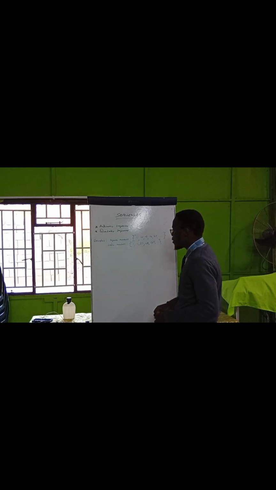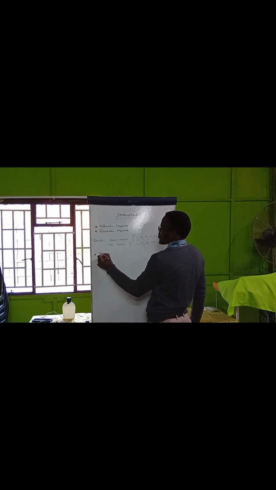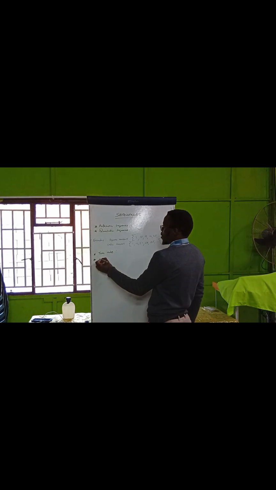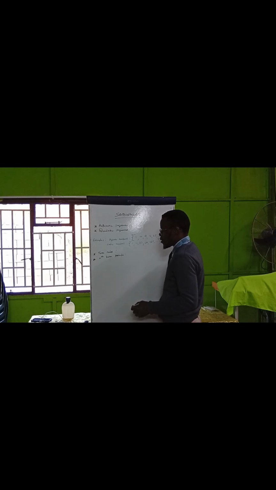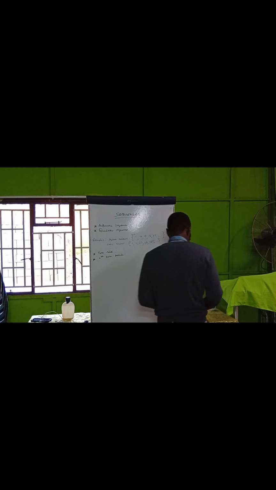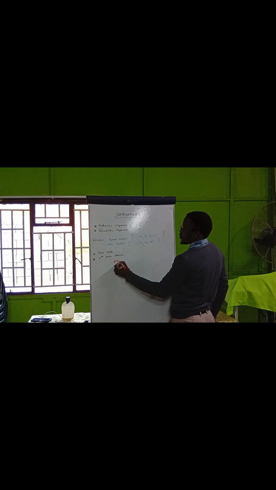Now, our syllabus requires us to cover two objectives. The first objective is to know the term rule. And of course, you also have the n-term formula. So, mainly, starting with the arithmetic sequences.